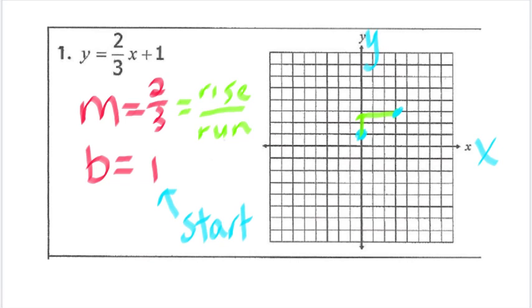Now I can make another point and do that again. Rise up 2, and then run 3. Okay, and then you just draw a nice straight line through those points. And that's how you graph the line.